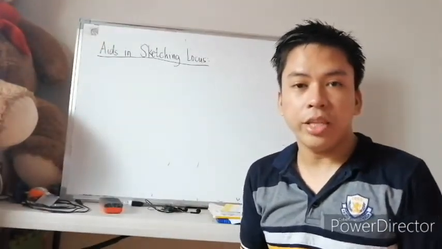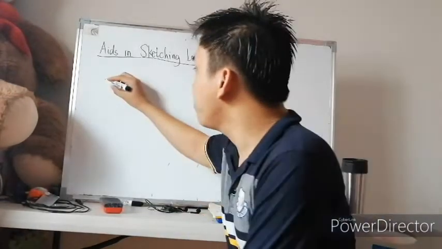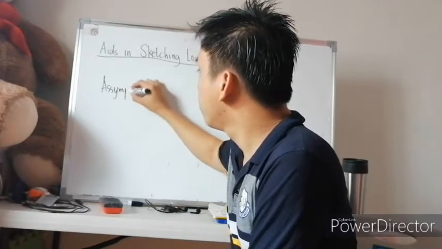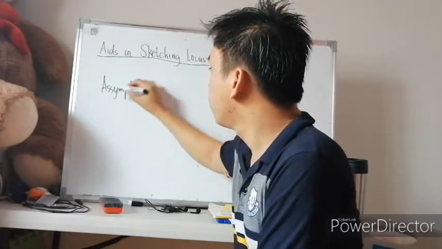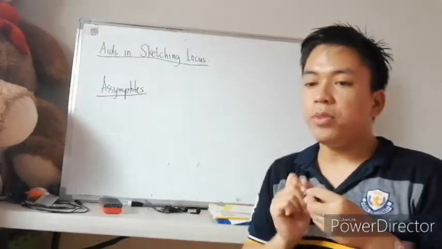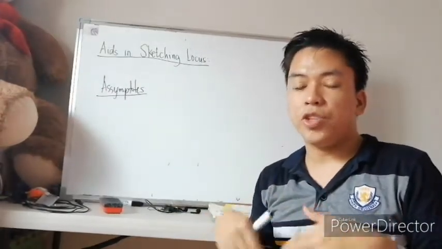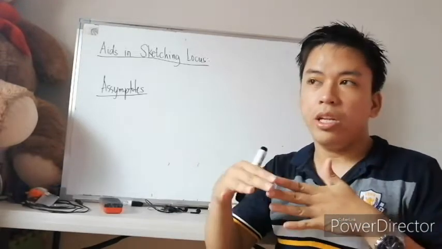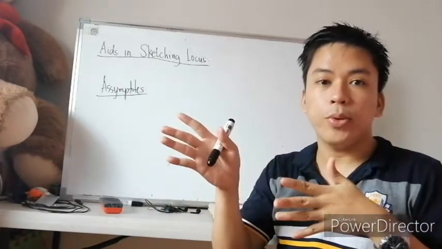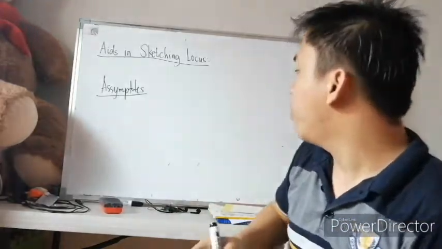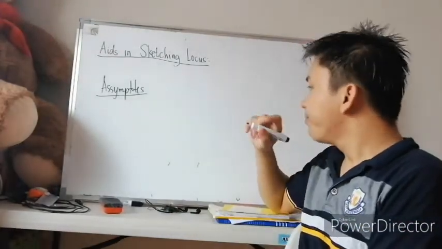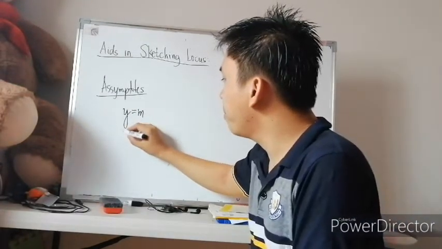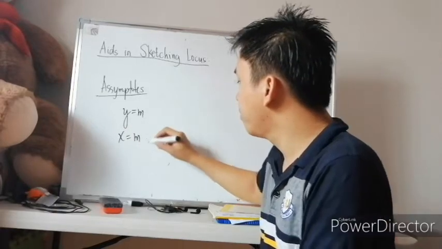Okay, so the next criteria that we will be talking about is the asymptotes. An asymptote is a line that a graph approaches but never touches in a certain region. So let's say we have this line y equals m or x equals m.